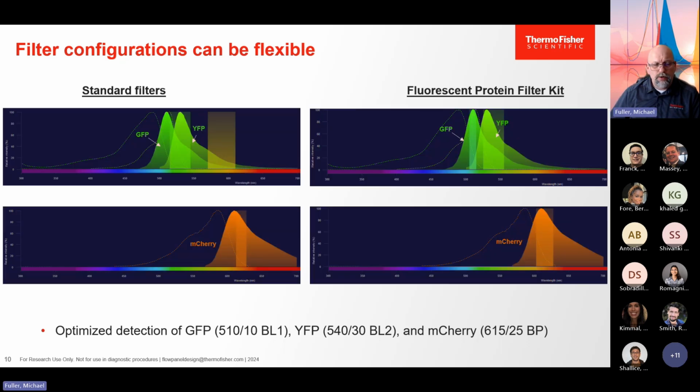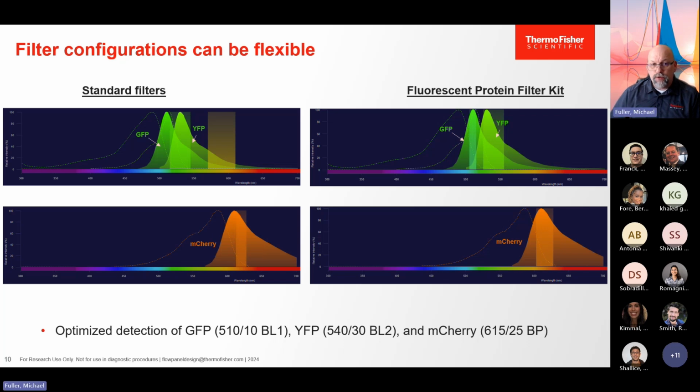With the standard filters, as you can see here, if you had a sample that expressed both GFP and YFP and you needed to distinguish between the two, the standard filter configuration would not be able to do that. This bandpass filter here is going to be capturing fluorescence from both GFP and YFP. So you're going to get co-capture of that fluorescence in the same channel.